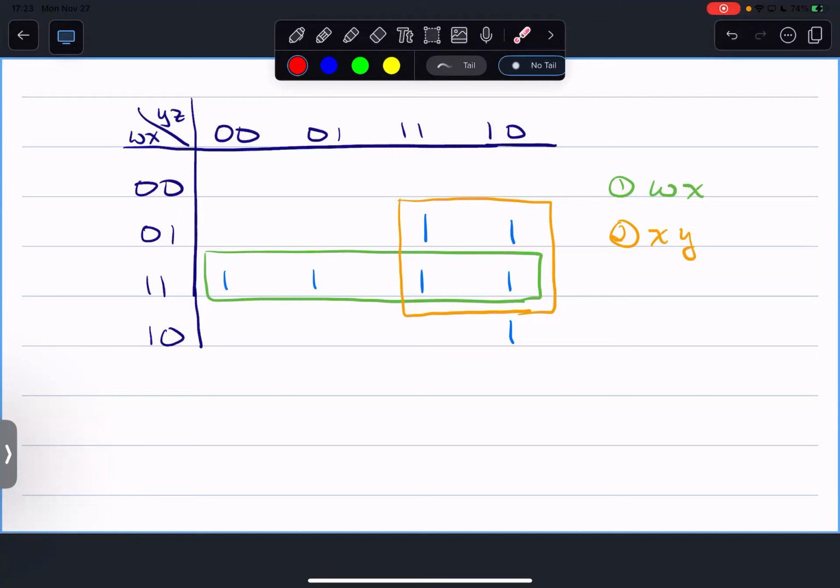Now, the sneaky one here is this grouping. Because you want to write it in as few terms as you can, which means a bigger group, right? So instead of just writing it on its own, you're going to lump it into as big of a group as you can still. We're doing a group of 3. No, because it has to be 2 to the power of something for our groups.